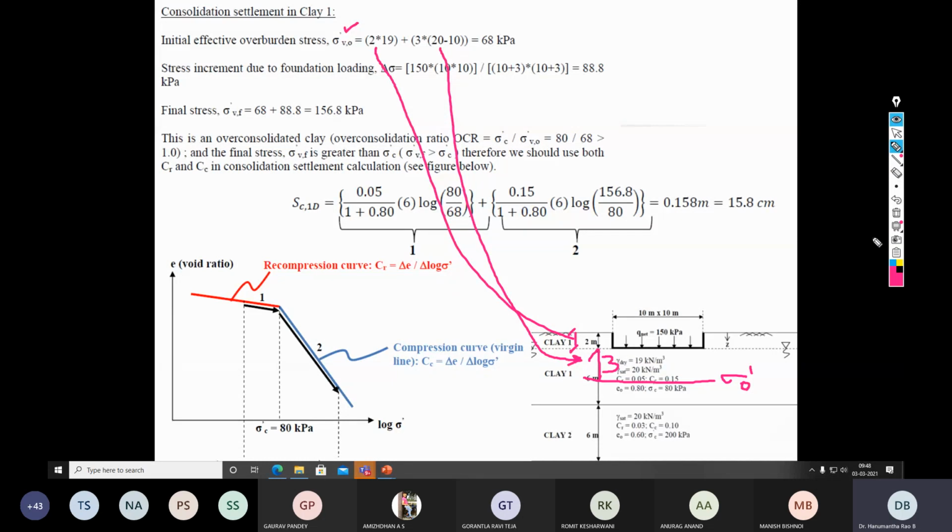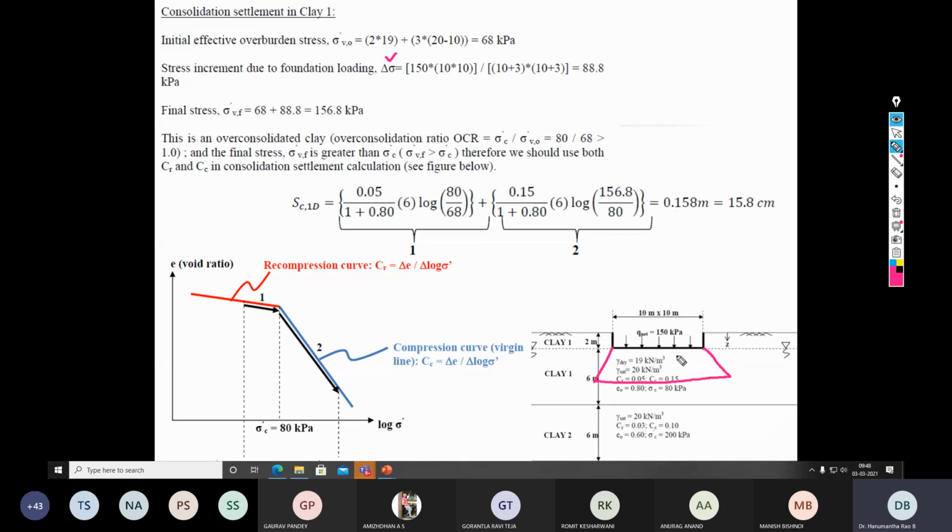So this is how you will calculate sigma V naught dash. Next, you need to calculate the increase in effective overburden pressure, that is delta sigma dash. This delta sigma dash shall be at the middle of layer number 1.